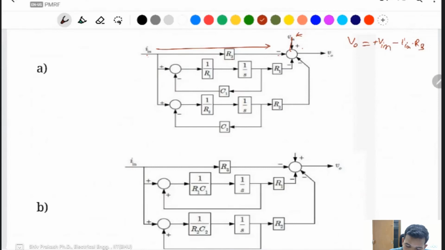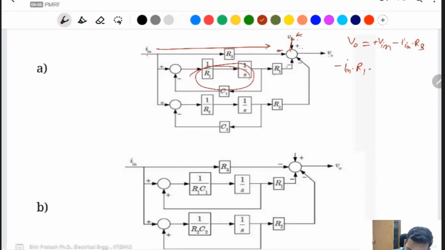The minus sign is here. That's why you can say V in positive plus this one minus I into R3. Then this one is a forward path. After that, adding the forward path multiplied by R1, this is minus, meaning minus I in into R1 multiplied by this one.